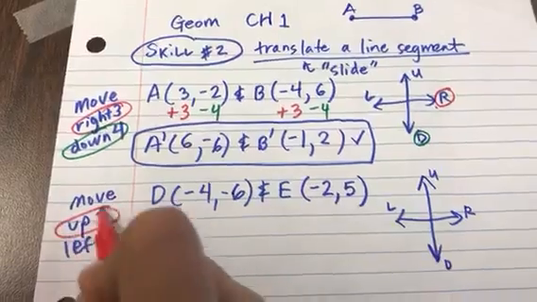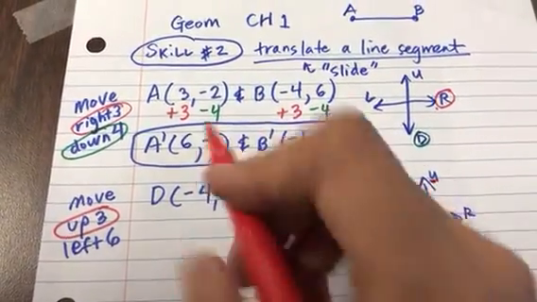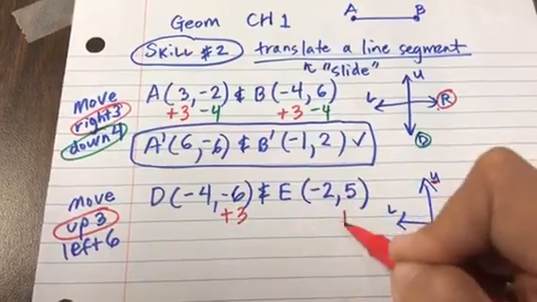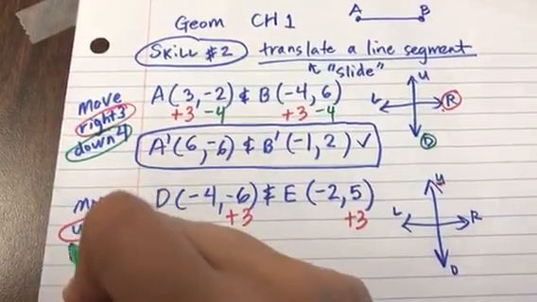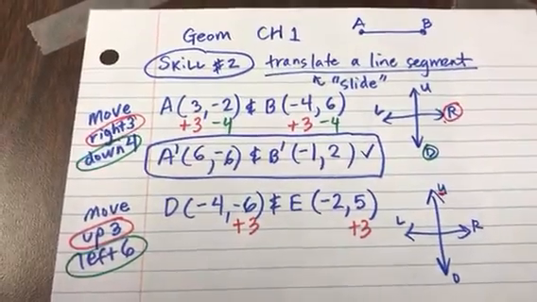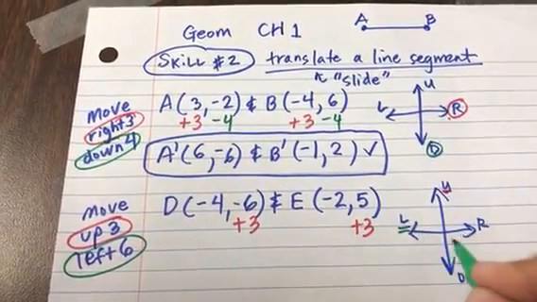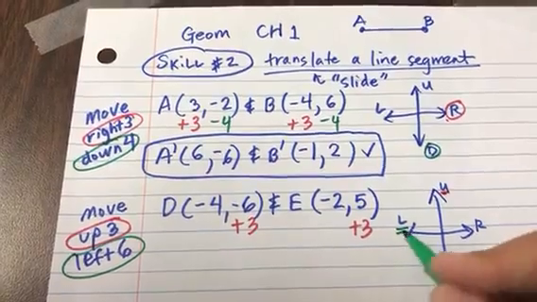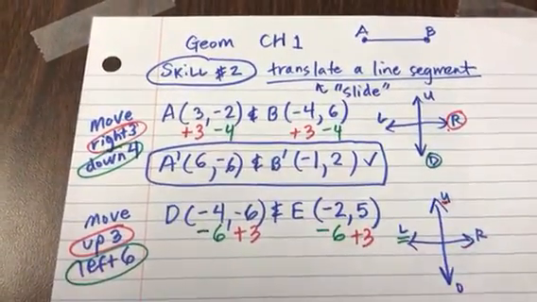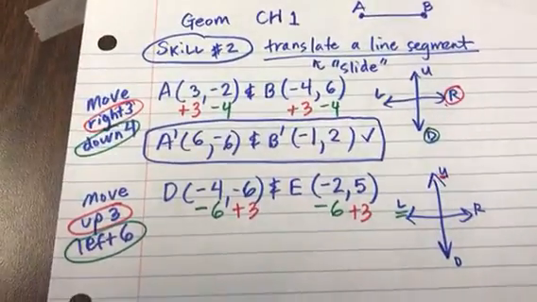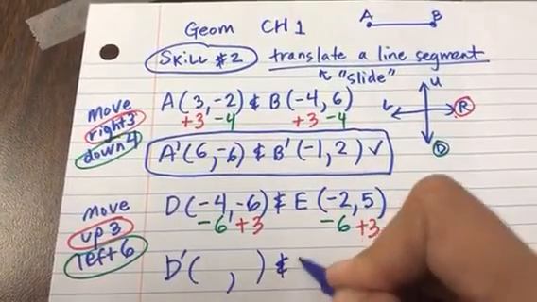When they say up 3, I notice that's positive direction for the y, so I'm going to put plus 3 underneath the y. Then, when they say left 6, I notice that's in the x values, and that's going into the negative. So I'm going to go negative 6, and do my final new coordinates, D prime and E prime.